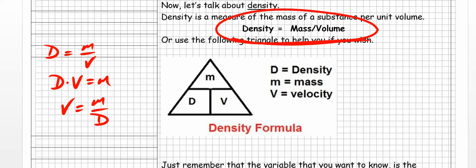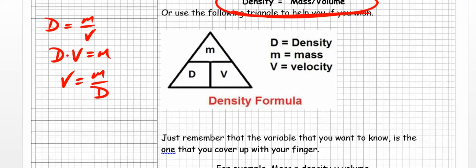If you feel more comfortable doing it algebraically, that's fine. The important thing is that you have a system that you can use to manipulate the density formula. So again, density is equal to mass divided by volume is the basic formula. If I want mass, density times volume. If I want volume, that's mass divided by density.